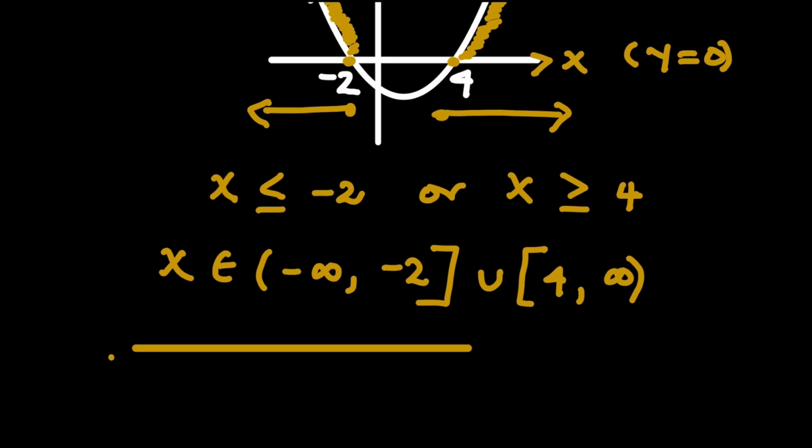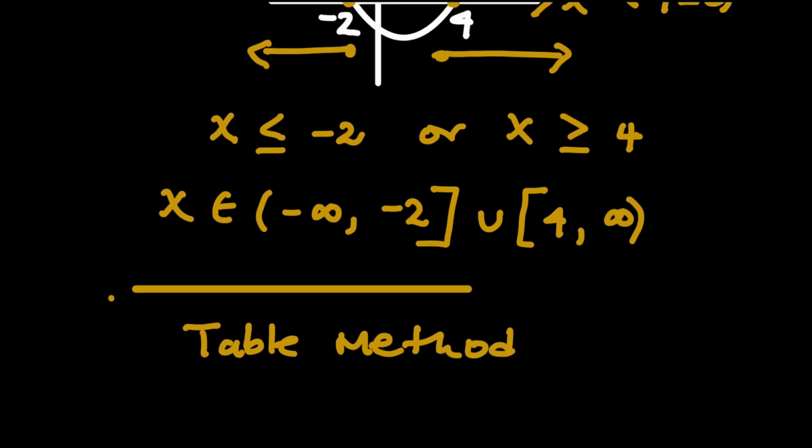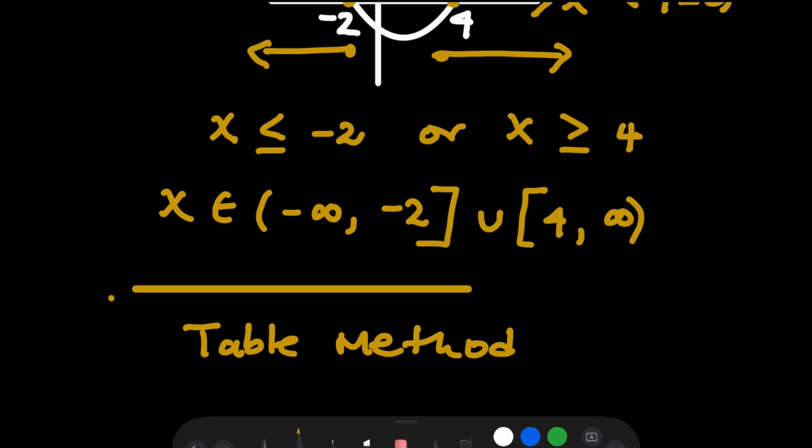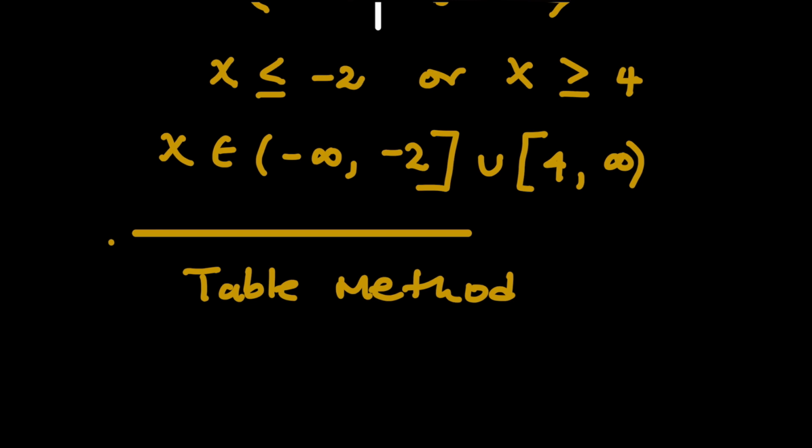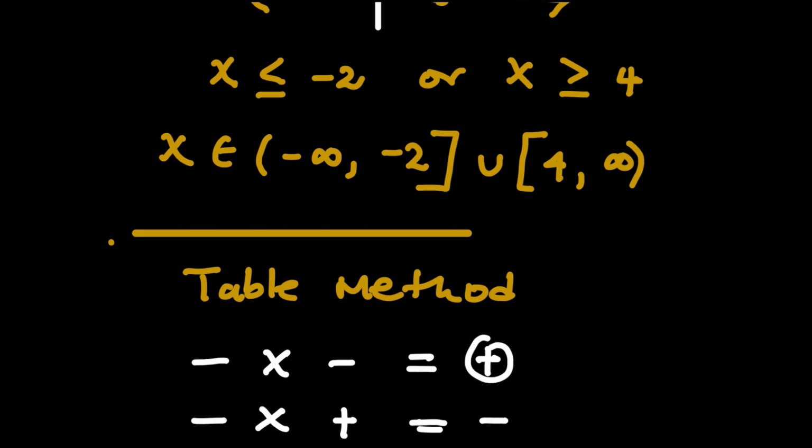It's actually quite easier. As I've always said, with the table method, you don't need to know how the function looks. The only thing that you need to know is that a negative times a negative is a positive. A negative times a positive, or vice versa, is a negative.